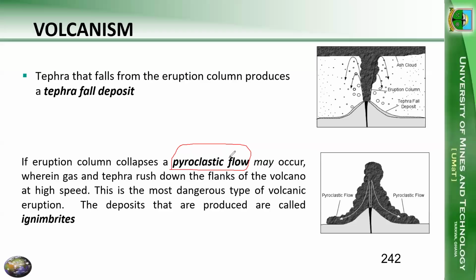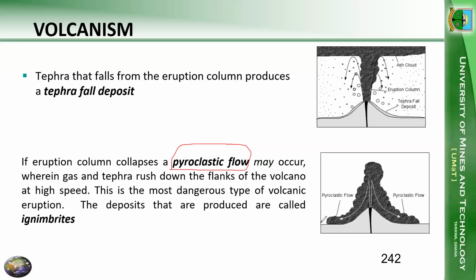When we have a pyroclastic flow, it means that the magma is flowing. These pyroclastic flows can be very rapid, traveling at very high speeds, and they are the most dangerous type of volcanic eruption. You cannot outrun this kind of flow, so you just say your last prayers.